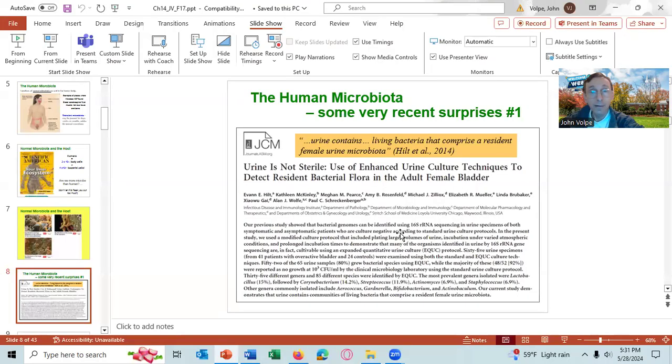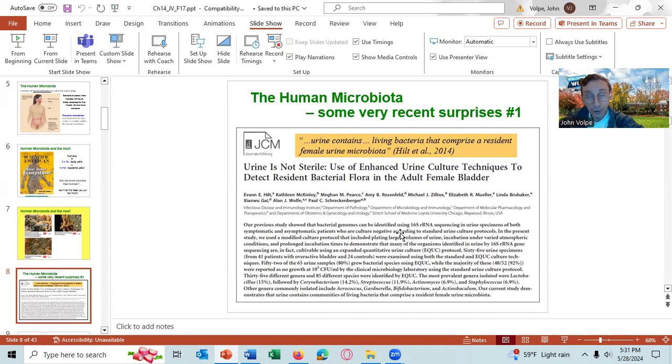All right, we found some human normal microbiota in some surprising places fairly recently. Like they've discovered that there is normal microbiota in the female bladder. I've looked to see if there is normal microbiota in the male bladder, and nobody studies it in males.